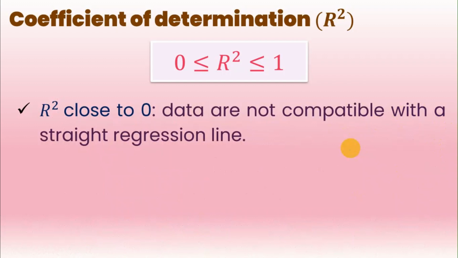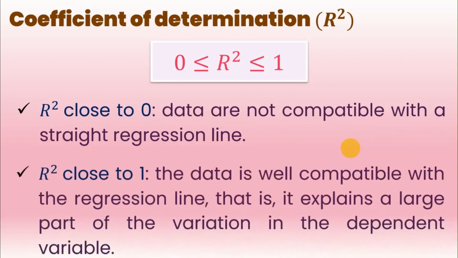Square of R close to 0: the data are not compatible with a straight regression line. And square of R close to 1: the data is well compatible with the regression line. This explains that a large part of the variation in the dependent variable.